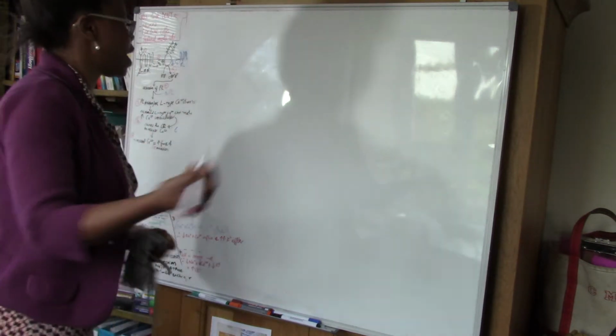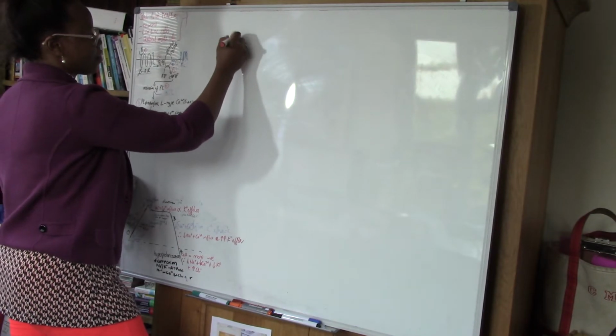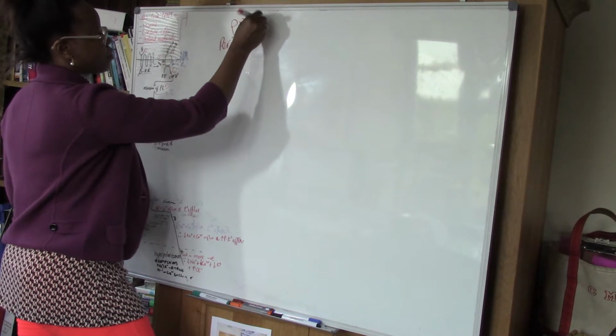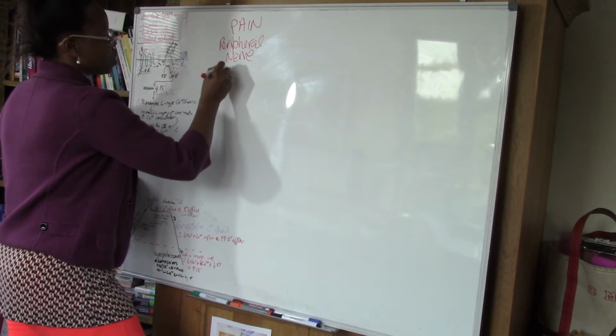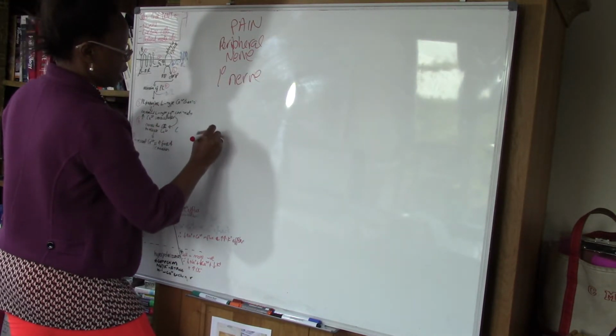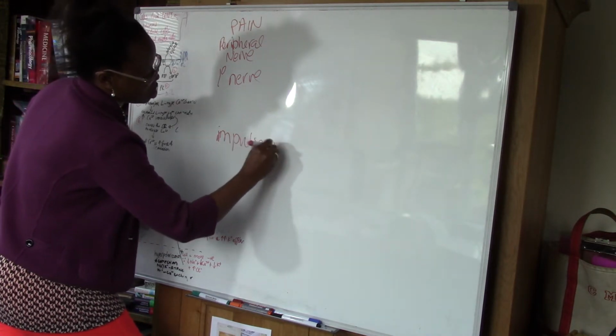So in terms of pain generation, we will start at the peripheral nerve. This is pain. The peripheral nerve is usually called the primary nerve, because remember, pain is impulse transmission.